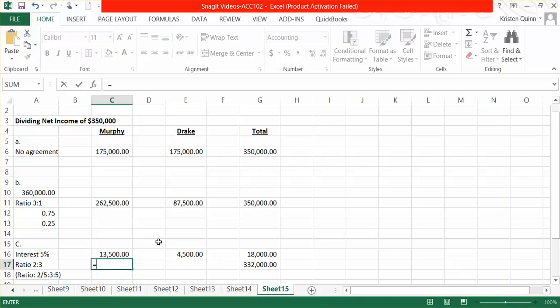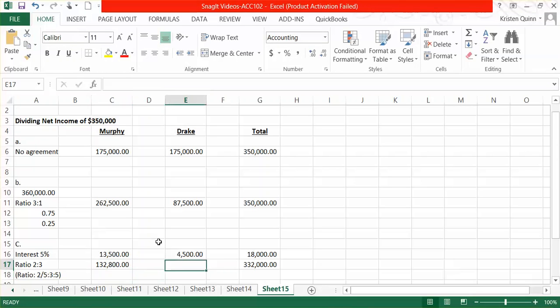So we will take the $332,000 and multiply it by 2/5 for Murphy, and we will take the $332,000 and multiply it by 3/5 for Drake. Again, when we add them together, we get back to the $332,000.